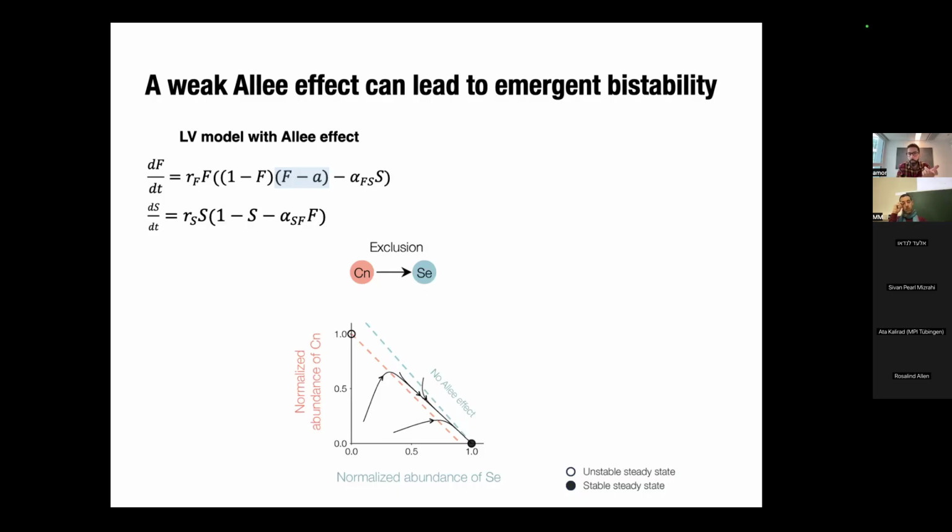But if we introduce this cooperative growth, or this Allee effect, the null line for one of these species bends, and now it enables the red bacteria, which before was losing the competition, to win depending on where we start the competition, or what the initial conditions of the experiment are. Here we see that these arrows can lead us to either the red one winning or the blue one winning.